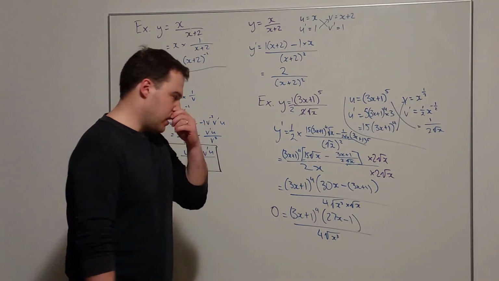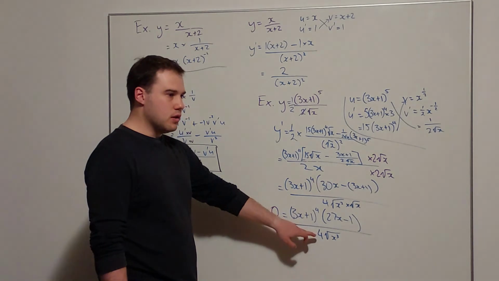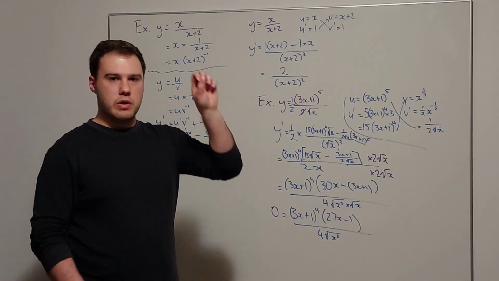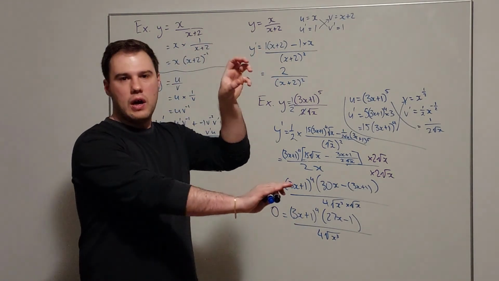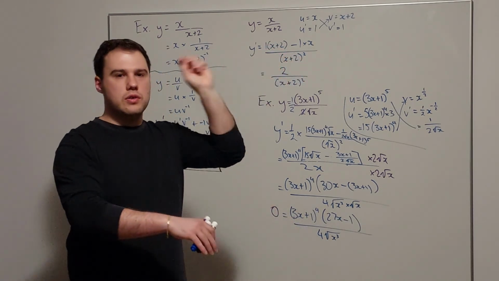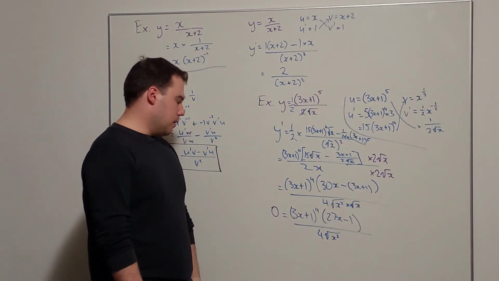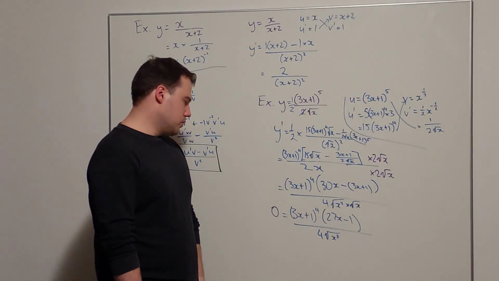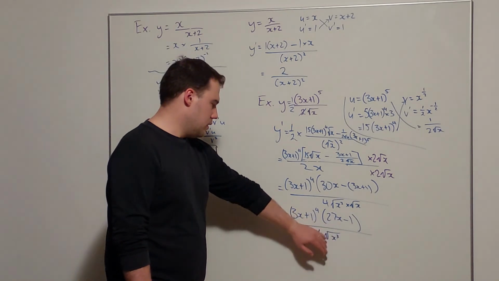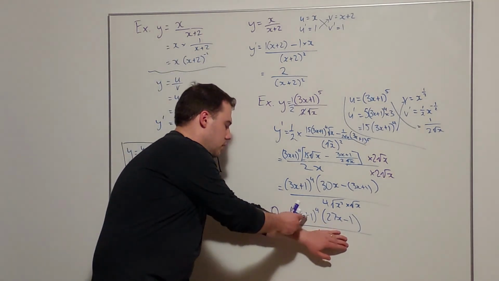Or you could also think about it like this: if you've got a fraction, something divided by something, when does that equal 0? Well, only when you have 0 on top, like 0 over 5 is 0, 0 over 37.2 is 0, 0 over anything is 0. So it's only 0 when the numerator is 0. So that bit there is irrelevant, and then we'd have, oh, when is that 0?